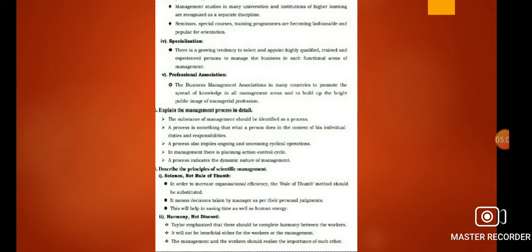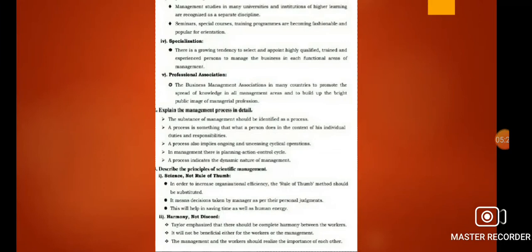Taylor emphasized that there should be complete harmony between the workers and the management. If there is any conflict between the two, it will not be beneficial either for the workers or the management. Both the management and the workers should realize the importance of each other.